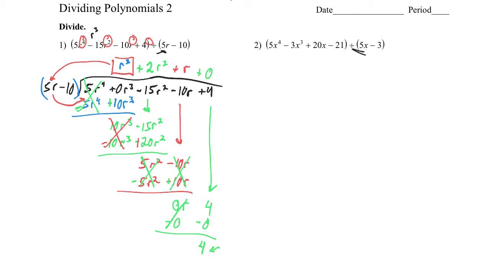So there's my remainder. And then I put that remainder, it's a positive 4, so I'm going to put plus 4 over this 5r minus 10. And that gives me my answer.